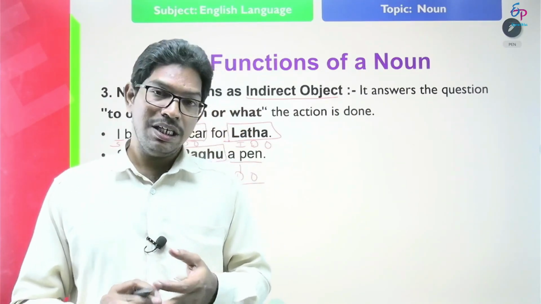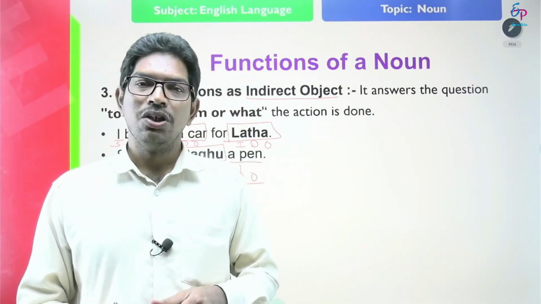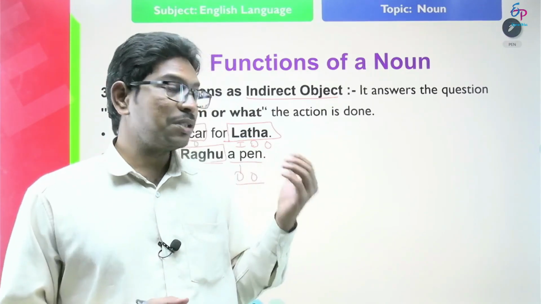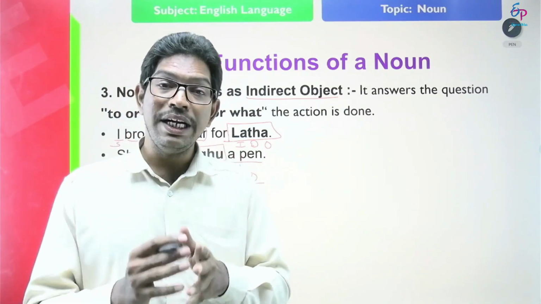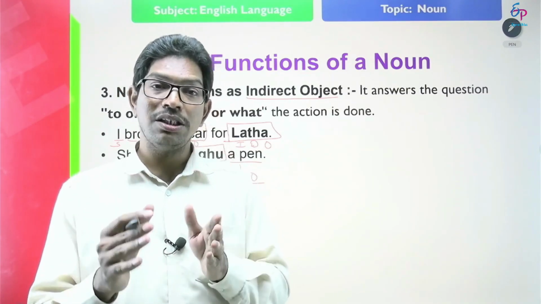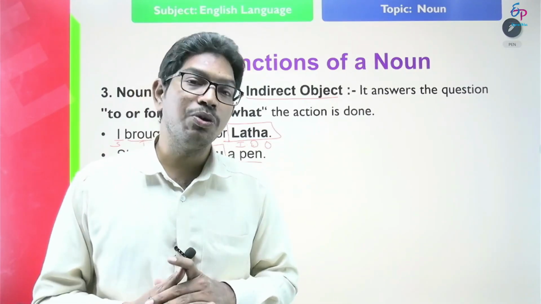In this sentence, gift is direct object, Manoj is indirect object. So noun functions as direct object and indirect object. These must be known before, whenever you read sentences in the newspaper or in RC, reading comprehension or cloze test. Noun functions must be known to you.